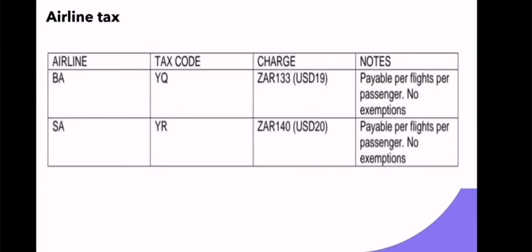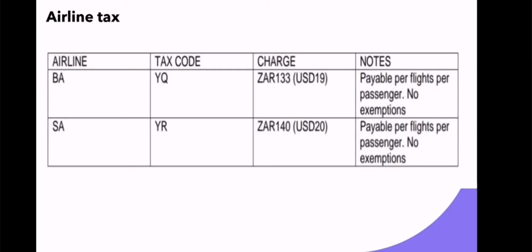should be charged. The airline tax that I said I had spoken about, here we only have the airline tax for British Airways and for SAA, and the tax codes used for these are YQ and YR.